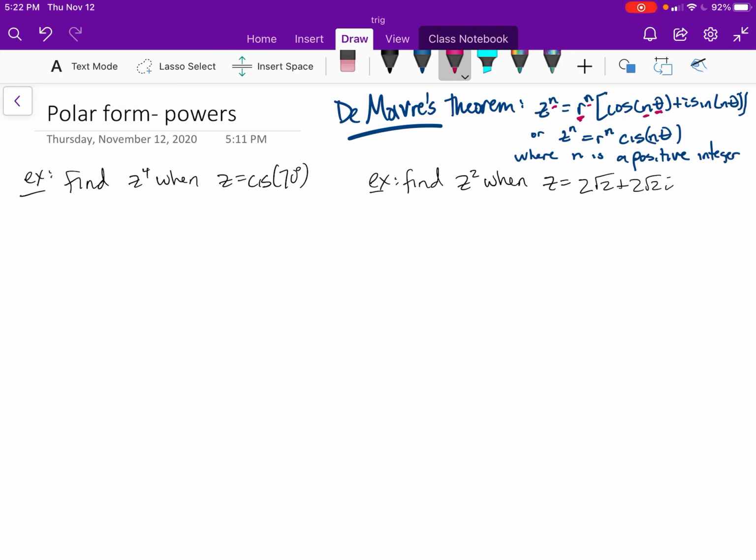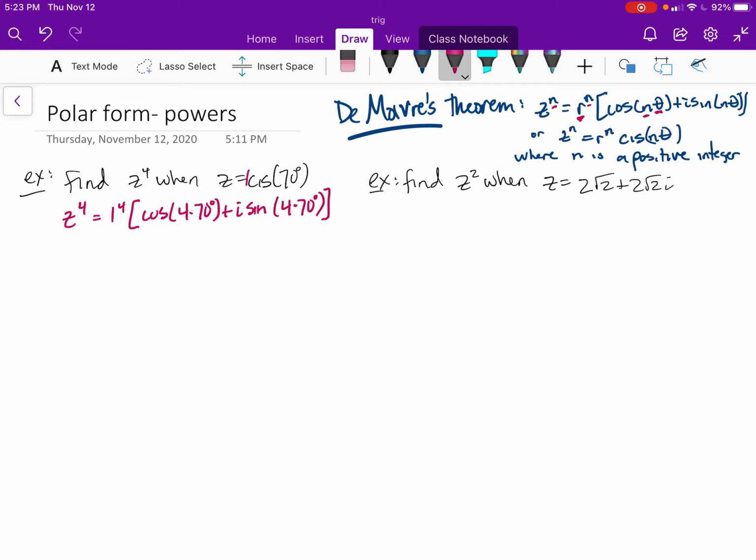Let's look at the first example, how to use it. So we take z to the fourth, and we take our r, and in this case, it's just 1, so 1 to the fourth, and then cosine of 4 times 70 degrees plus i sine of 4 times 70.